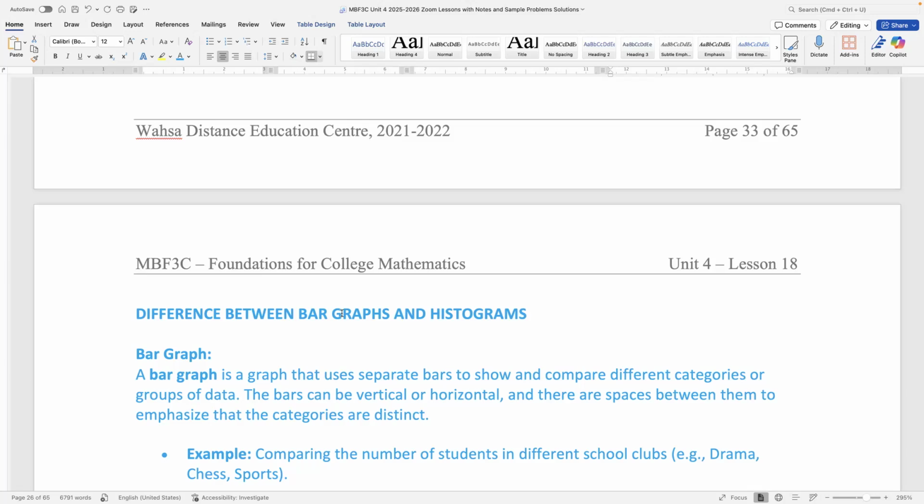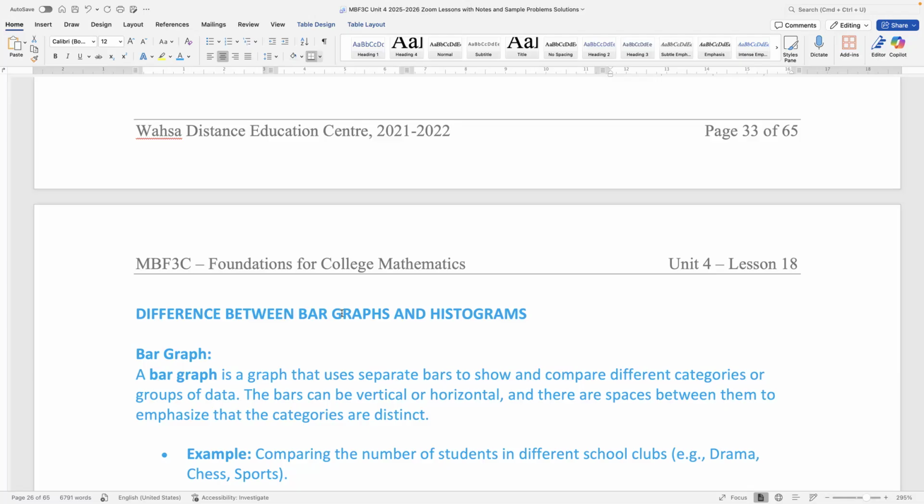So it could be, we'll see an example in a minute, but it could be like here, drama, chess, whatever. The bars can be vertical or horizontal. Most often they are vertical, but they can be horizontal, and there's spaces between them. And the reason why the spaces between them is to emphasize that the categories are distinct.